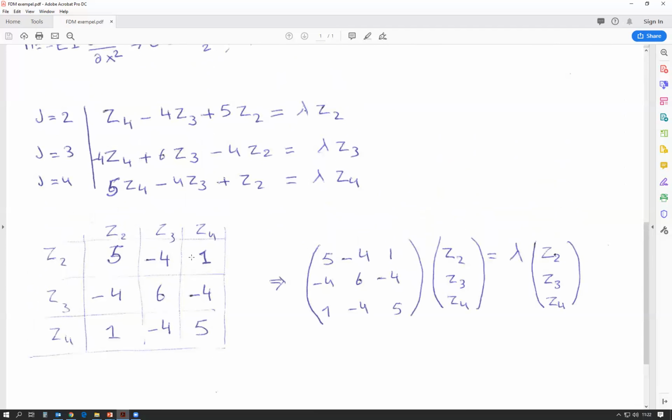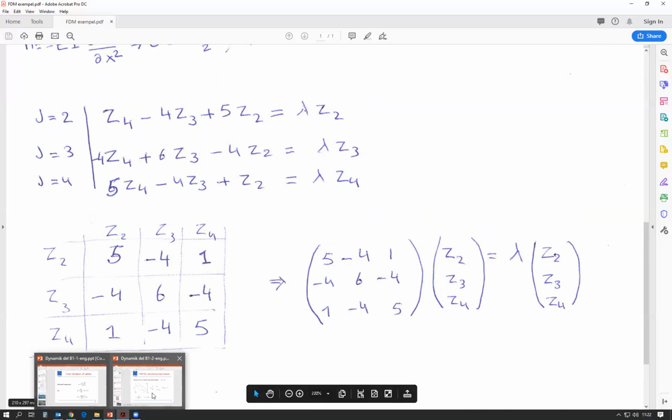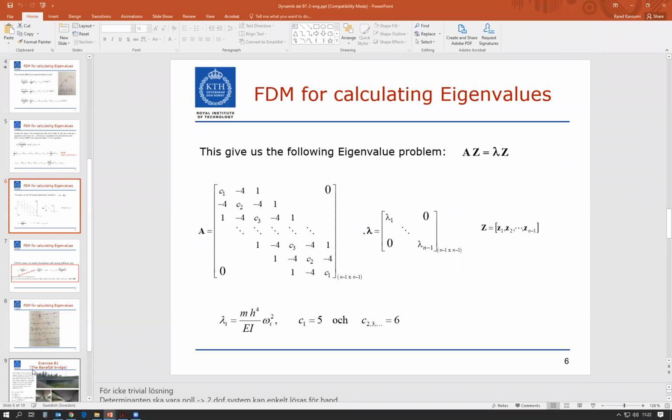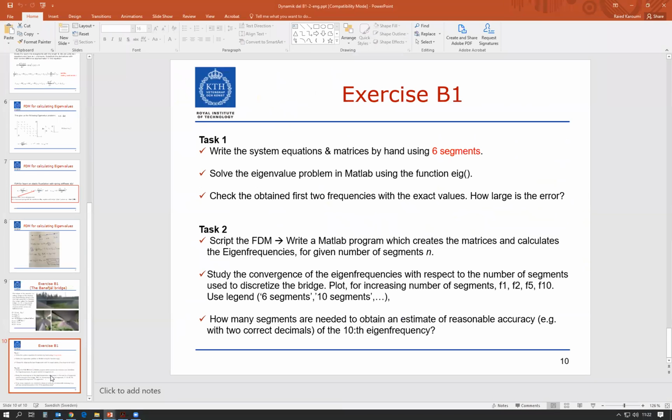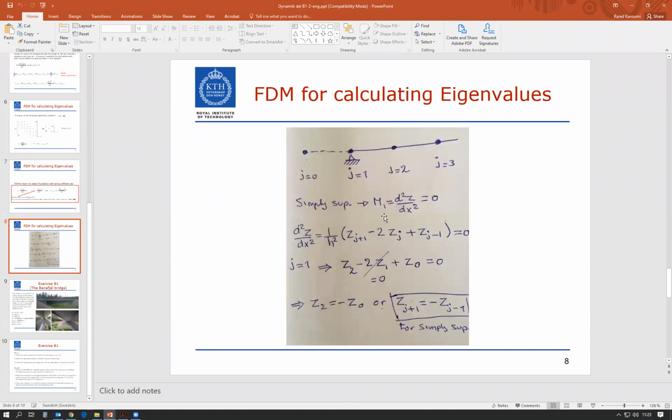And this is what you will do for the problem of today. I will describe more the problem B1. So I have a question here. How do you get the Z6? Well, you get the Z6 in exactly the same way because it's simply supported.